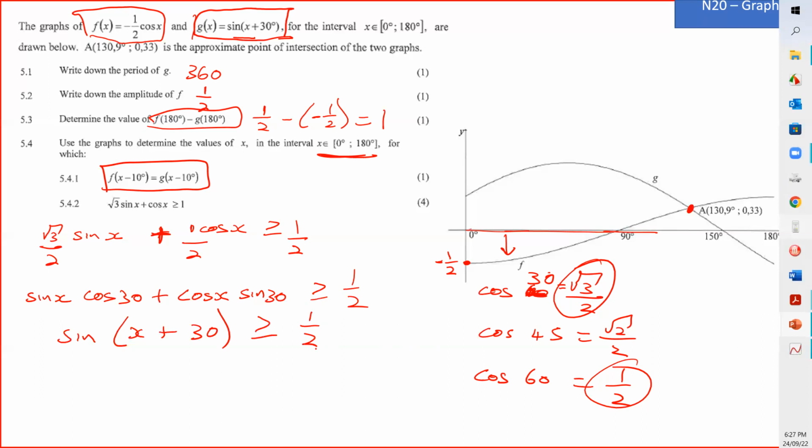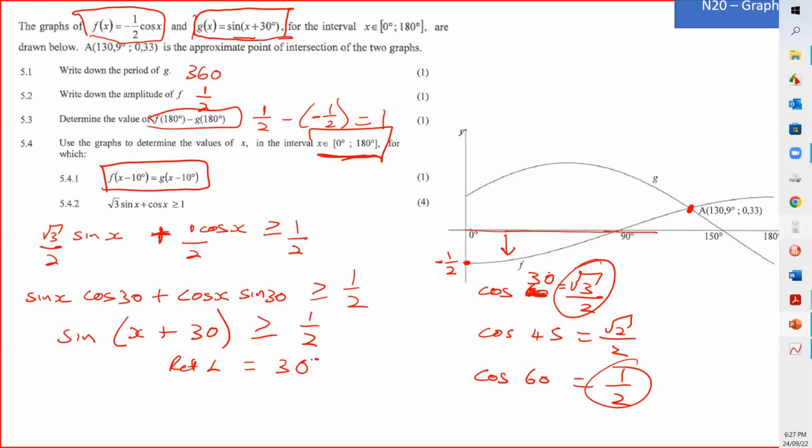Then I'm going to take my calculator out and find out what is shift sine half. That will give me the angle, because we are restricted only from 0 to 180. If we work that out, shift sine half, remember that is also a special angle, we would get a reference angle equal to 30 degrees.